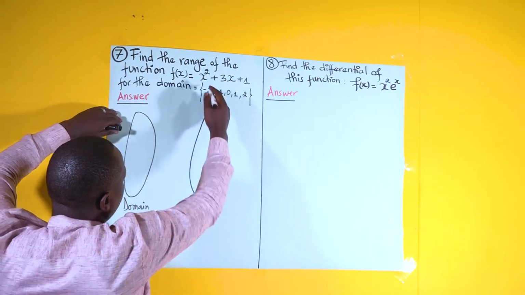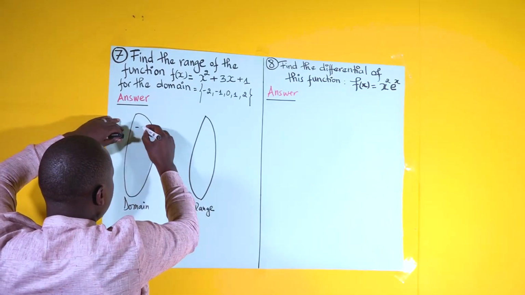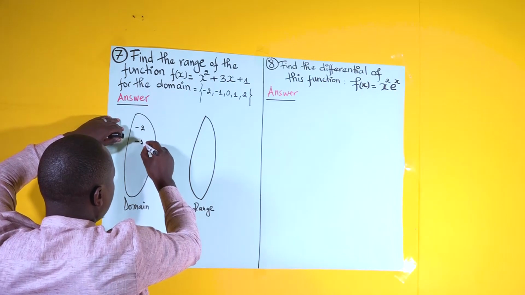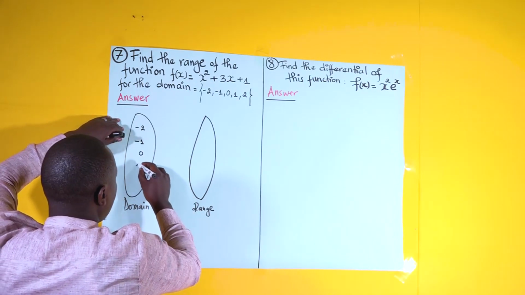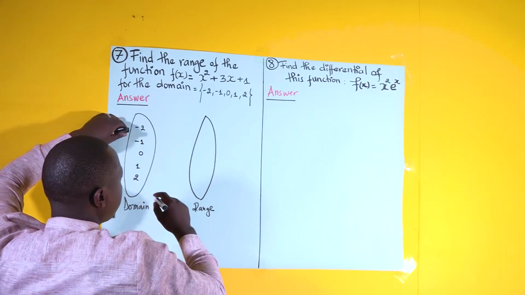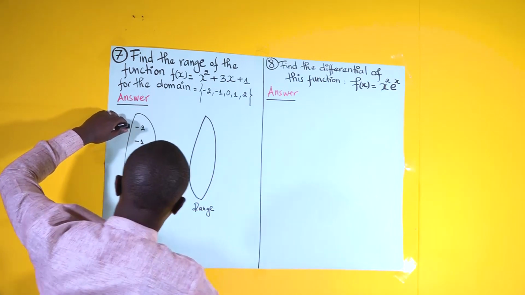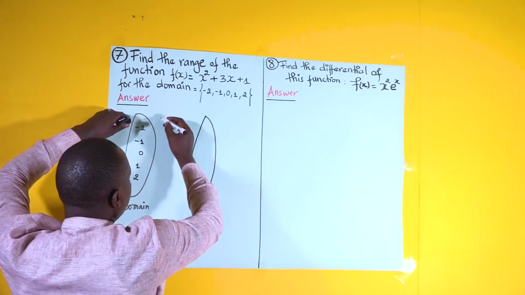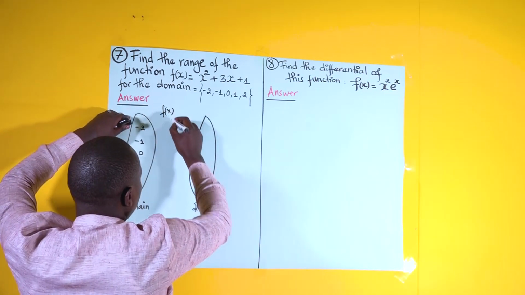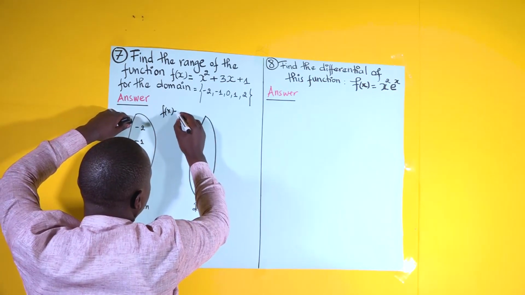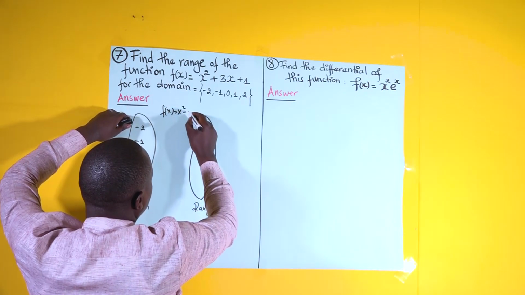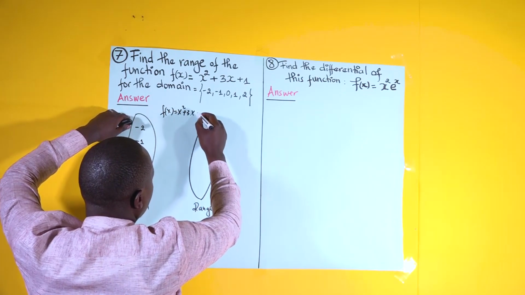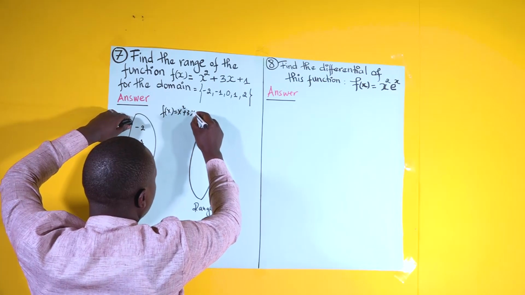So the numbers that I have for the domain are negative 2, negative 1, 0, 1, and 2. By which function? By the function f of x that we have here, which is x squared plus 3x plus 1.